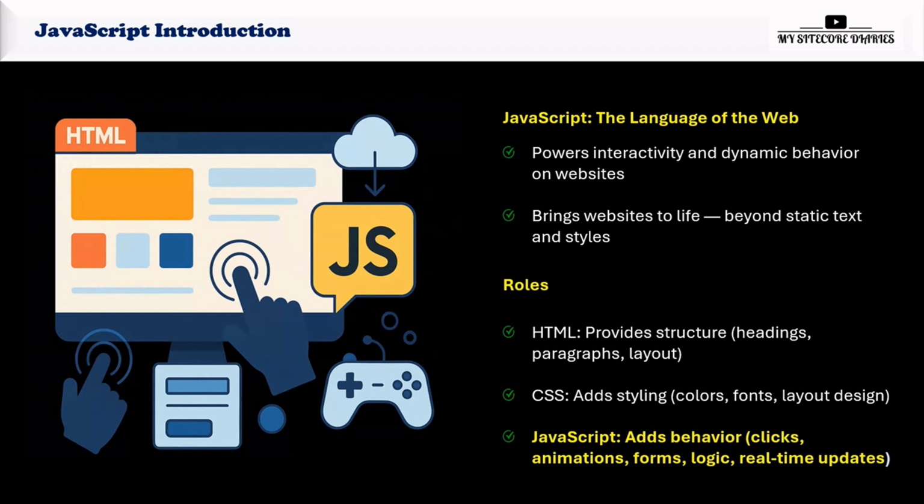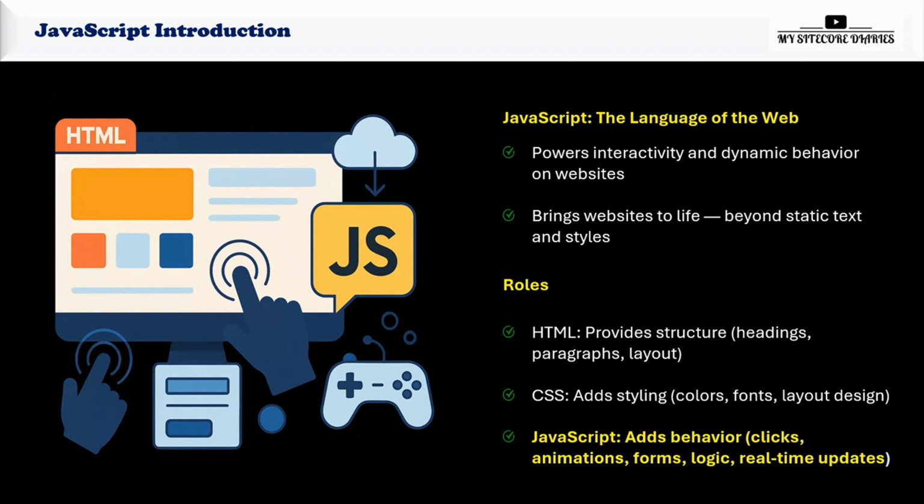And finally, JavaScript adds the brain. It introduces behavior and logic, things like user interactions, form validations, dynamic content updates and many more. In short, HTML structures it, CSS styles it and JavaScript makes it work.